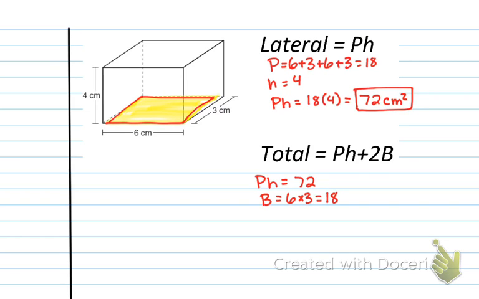And so we can put our total area, pH plus 2B, or our total area is 72 plus 2 times 18. Right, because remember, pH is 72, and our B is 18, and then we still have just a regular 2. When we put that in the calculator, we should get 108 centimeters squared.